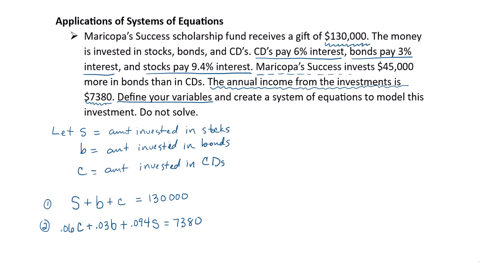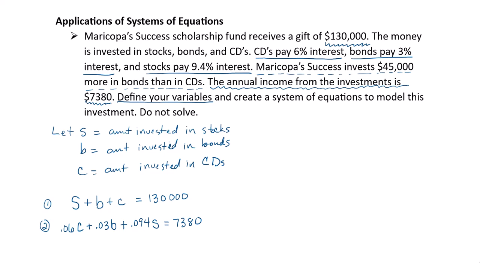Maricopa's Success invests $45,000 more in bonds than in CDs. And this bit of information can really kind of turn students around. So you have to really think through this, or maybe formulate another way to say it so that you can put it down as an equation.